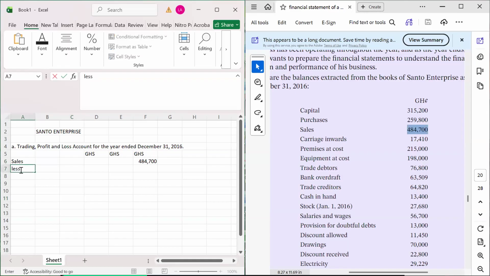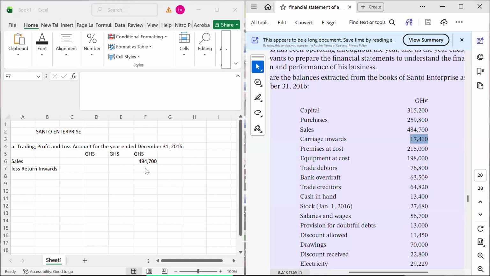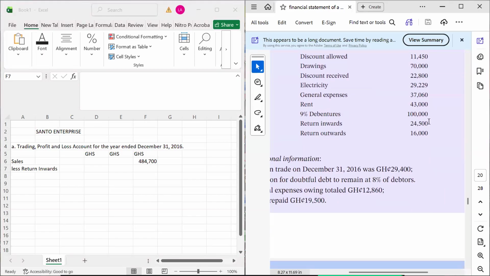So you less return inwards. Okay? Are you together? This is the sales, you less return inwards. This is the return inwards.